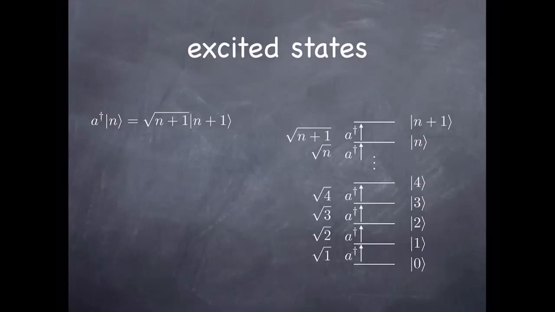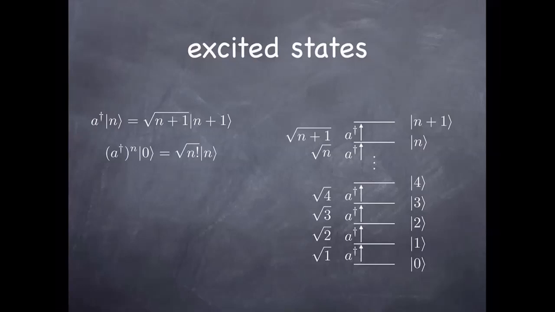So we learn that state n can be obtained by acting A dagger on the ground state 0 n times, which gives you the normalization factor of square root 1 times 2 times 3 times 4 times dot dot dot times n. That's nothing but n factorial. So by acting A dagger n times on the ground state, I get the state n with the normalization factor of square root n factorial.